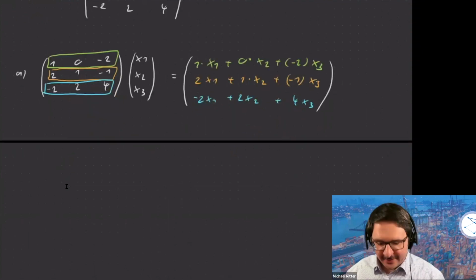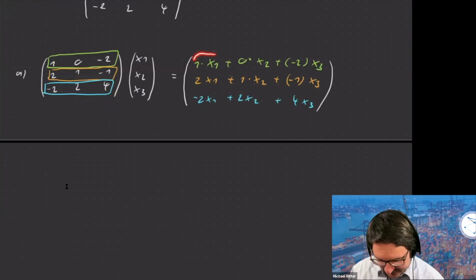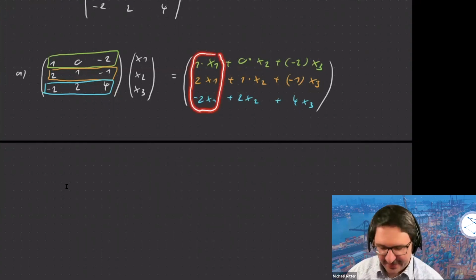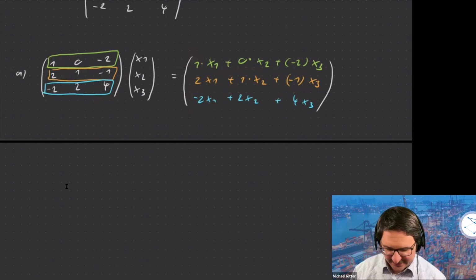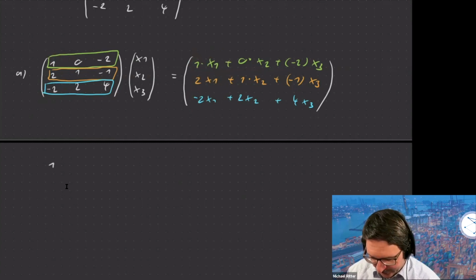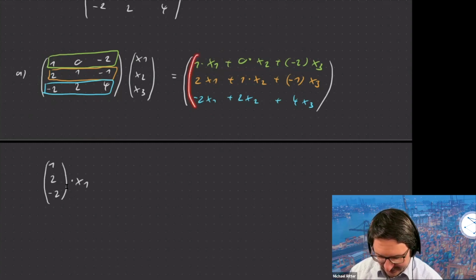And now if you look at that closely, you can see that here we always have x1 as a coefficient. And these numbers here are the ones that come from the first column of the left-hand side matrix. So this here is the same thing as 1, 2, minus 2 times x1. Right? This is this part here.